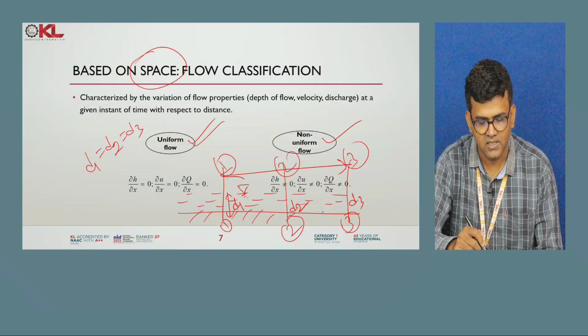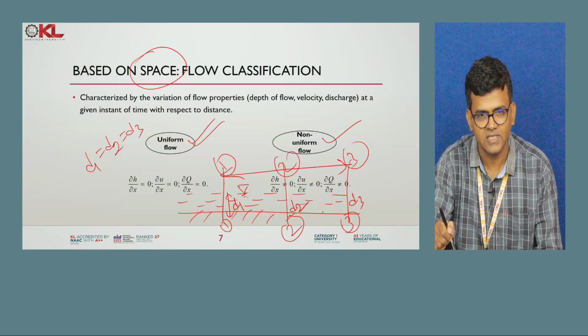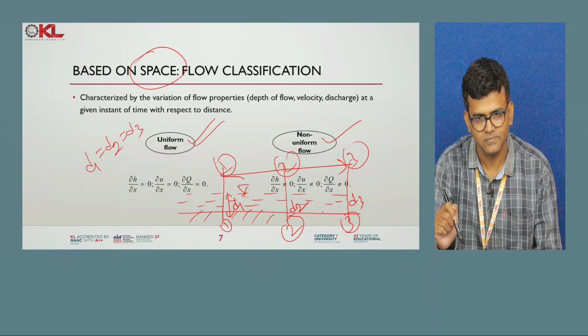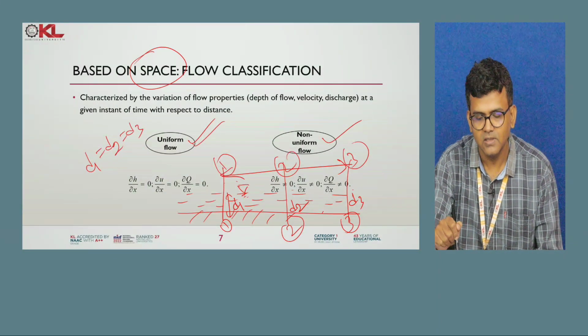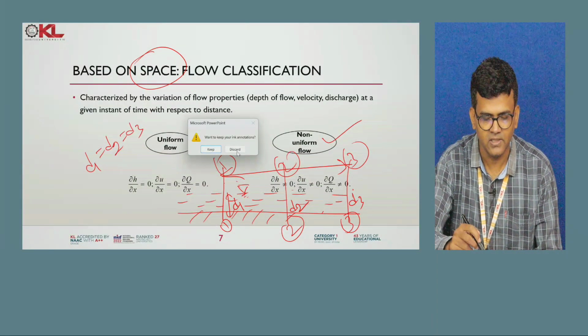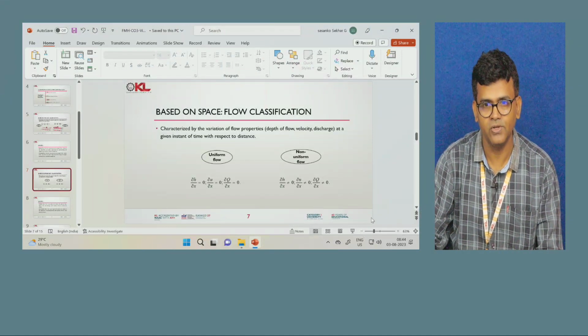Uniform flow means the depth of flow, velocity, or discharge is not changing at various sections for a given instant of time. If the depth of flow, velocity or discharge is changing, then it is called non-uniform flow.